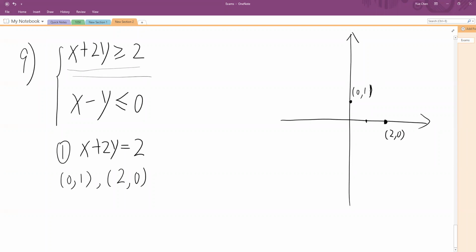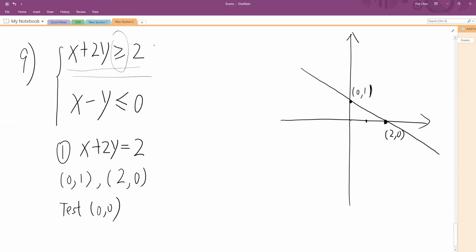When we use the line to connect these two points, should we use the solid line or the dashed line? Solid line, because here it is greater than or equal to. You have the equal sign, so solid line. And let's look at which part it belongs to. We give a test point; we can use the origin.